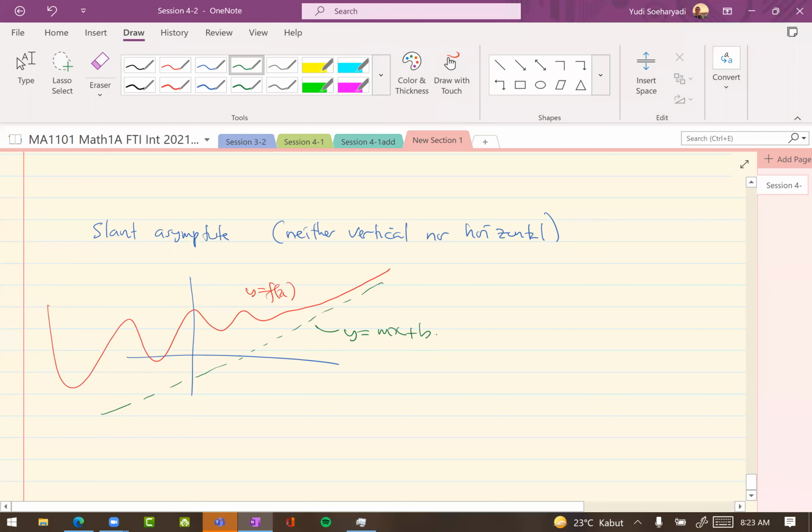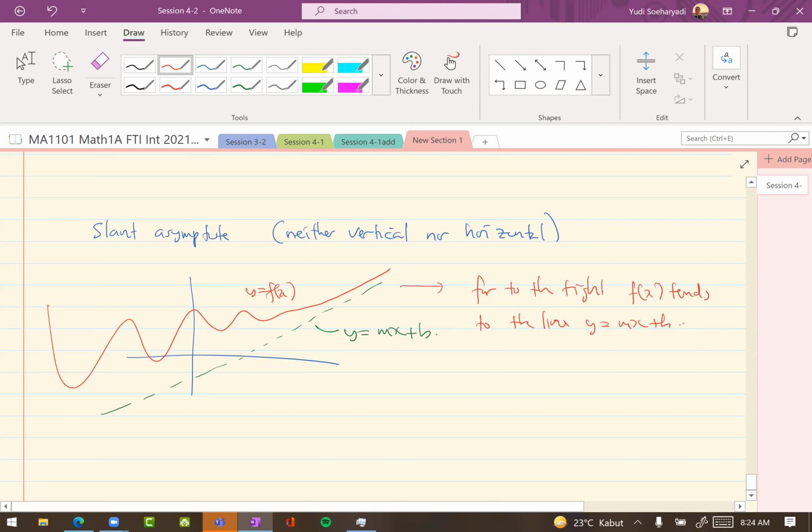This is the situation where, going far to the right, the graph of f looks like the graph of this line. So the situation tells you that far to the right, f of x tends to the line mx plus b.